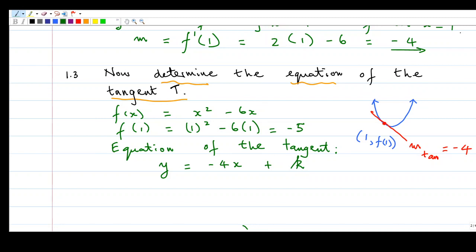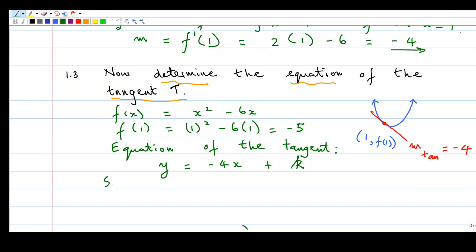So the gradient we know is negative 4 from 1.2. To find k, we need a point on the tangent, and that's the point of contact.